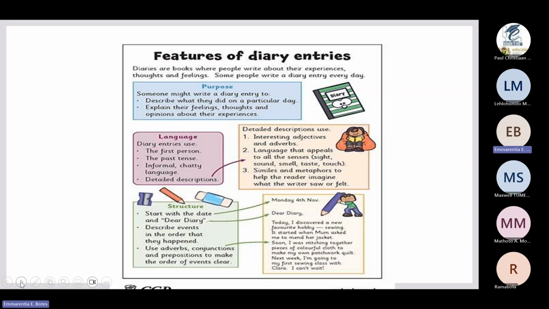So mainly our topics will be based on feelings, thoughts, and opinions about experiences. We must remember it's in the first person, it's in the past tense, it is informal or chatty language, but there's also detailed descriptions.